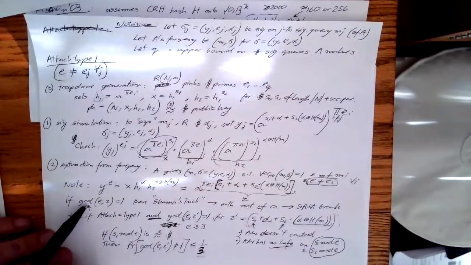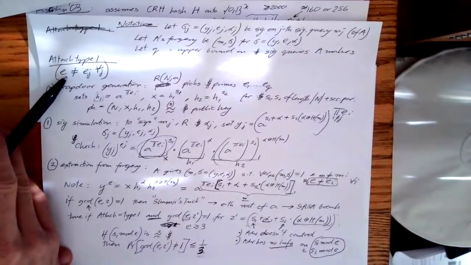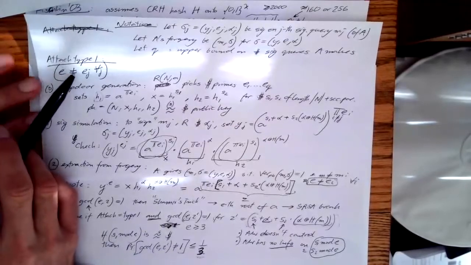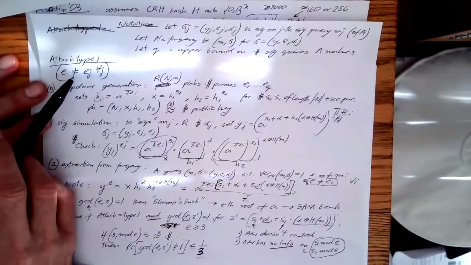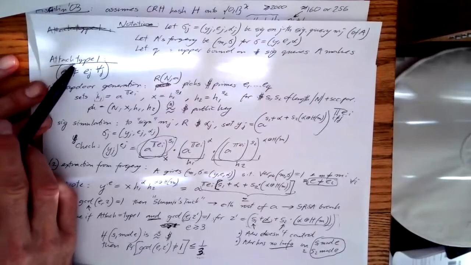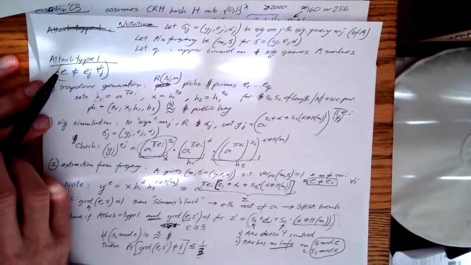What we concluded is that if you have an attacker of this type and he succeeds with probability epsilon, let's call the overall success epsilon, and there are two types. Let's call epsilon 1 the probability that he succeeds and is of type 1, and let's say that epsilon 1 is non-negligible.